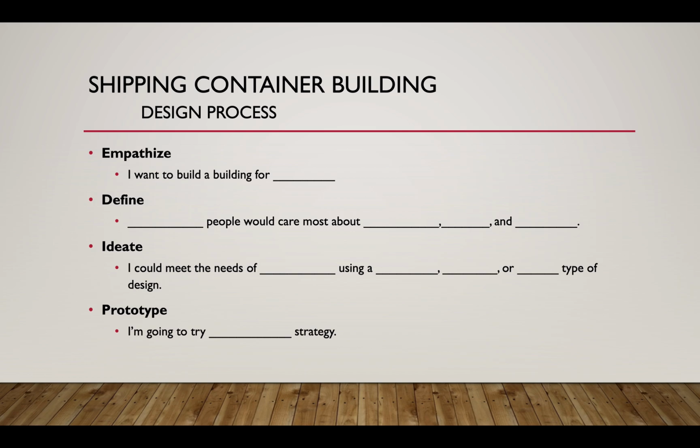For ideate, I would come up with three different strategies to do that, maybe three different sketches showing a way I could orient these shipping containers in order to create something that feels really awesome, feels really cool. Three different ways. And then prototype: I'm actually going to try this strategy.